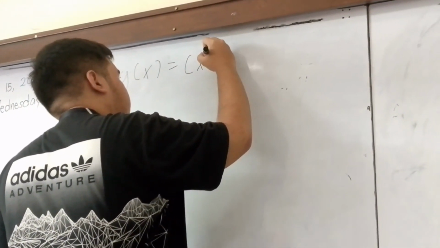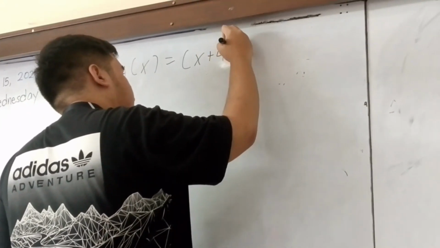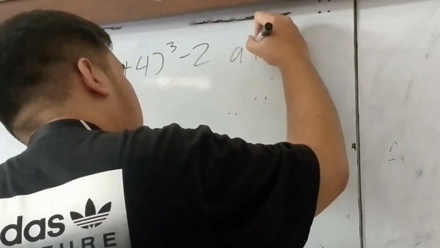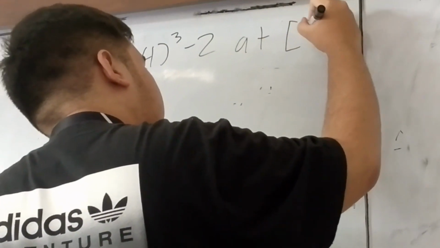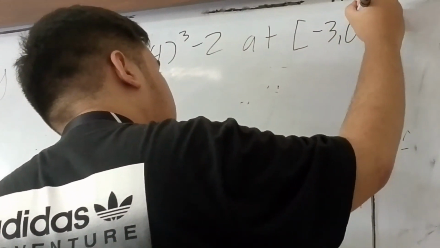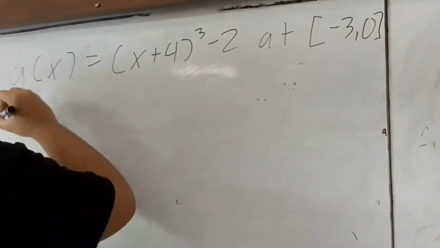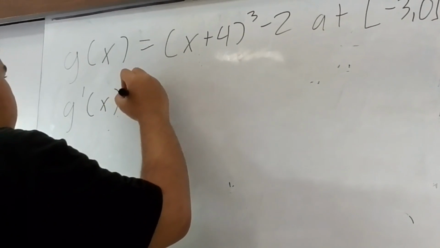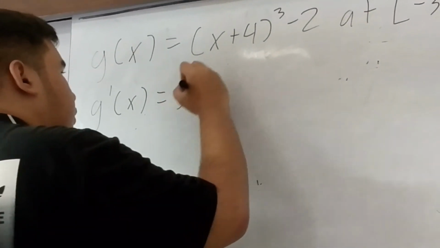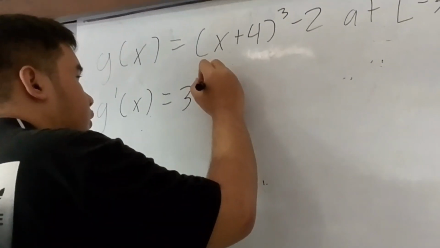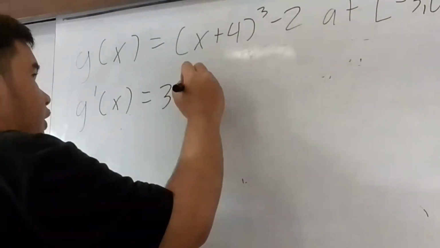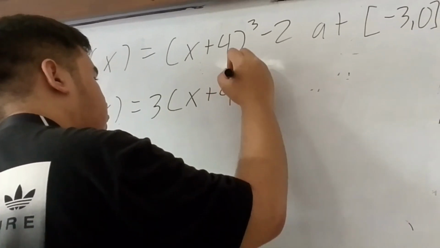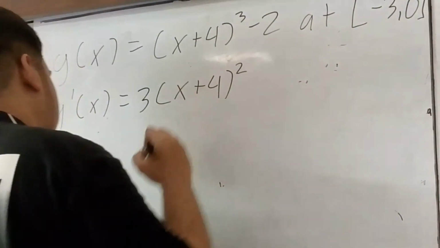Now let's have this equation. Y of x is equal to x plus 4 cubed minus 2 at negative 3, 0. Now let's get its derivative. Three times x plus 4 raised to squared.